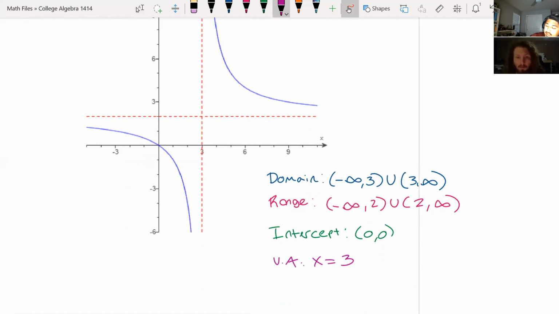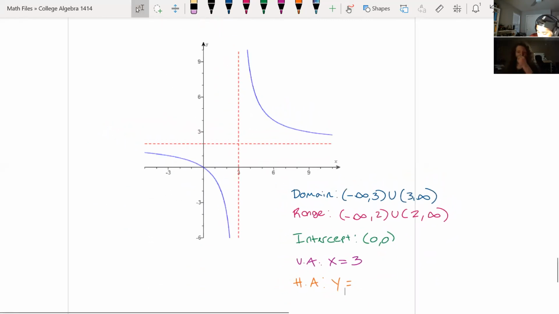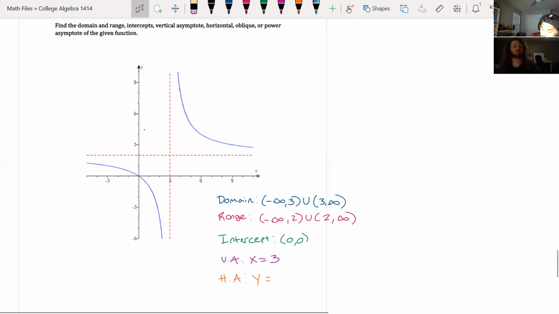And if there's a break at 2 in my range, what is my horizontal asymptote? y equals 2. Good. There's no oblique or power asymptotes. So that's it.